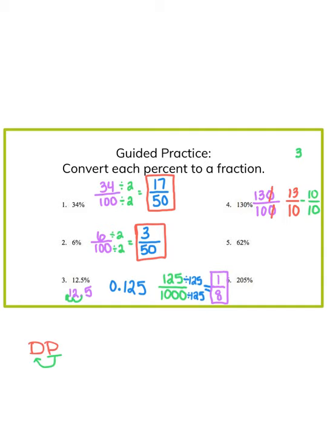When I subtract out that whole, it's not going away. I'm going to keep it, but it's now not part of my fraction. So 13 minus 10 is 3, and I'm still going to keep my same denominator. So 13/10 is equivalent to 1 3/10.